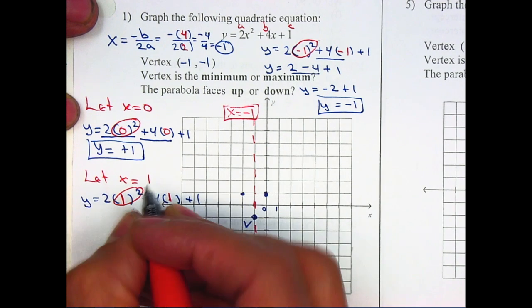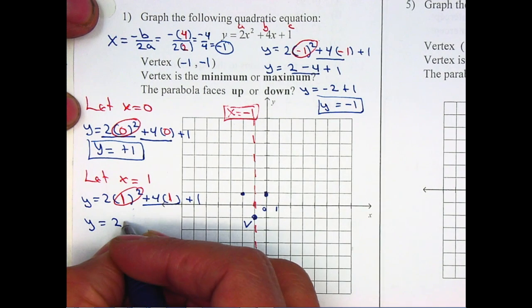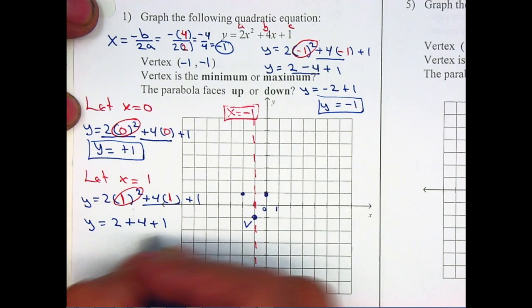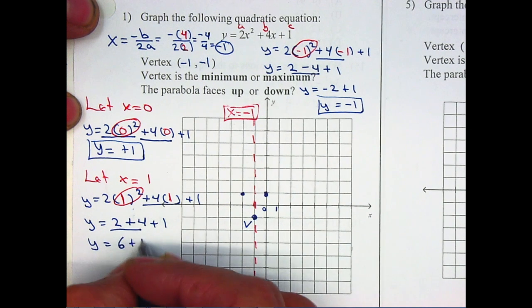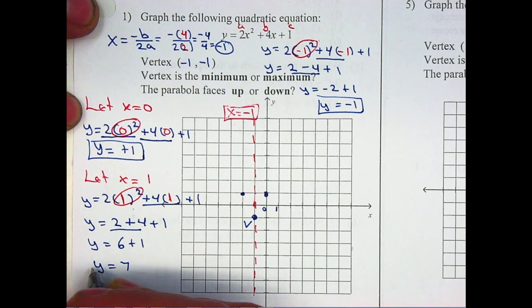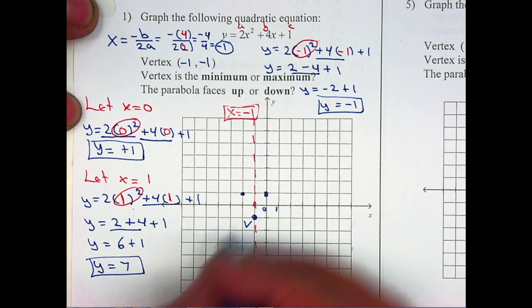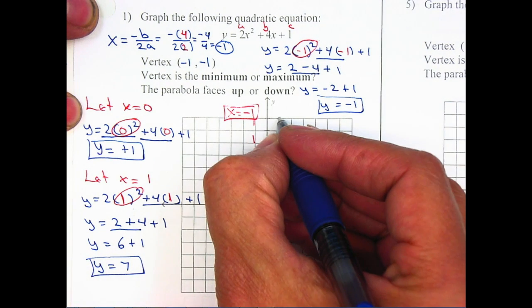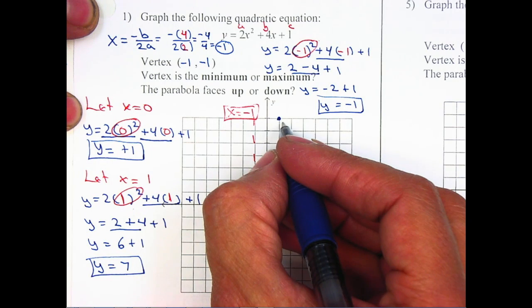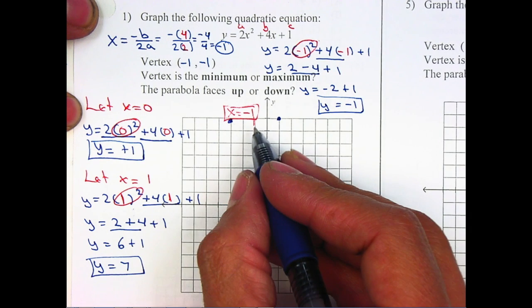I'm going to do the exponents first. 1 squared is 1, multiplied by 2 gives you 2. 4 times 1 is 4, and we just have a plus 1. 2 plus 4 is 6, plus 1, y is equal to 7. Therefore, if your x value is 1, your corresponding y value is 7. And your other point will be on the opposite side of the line of symmetry.